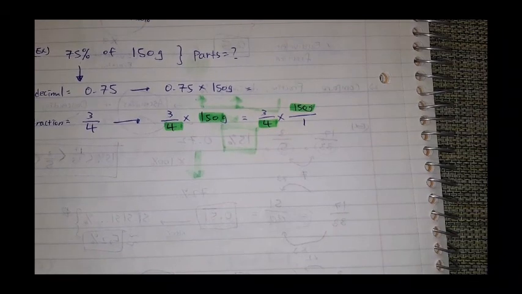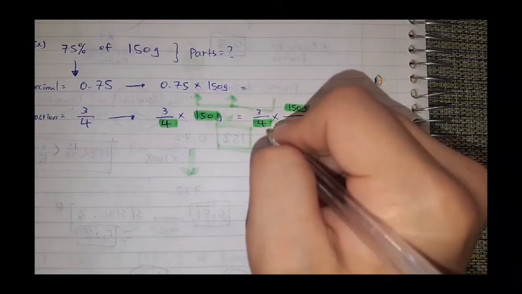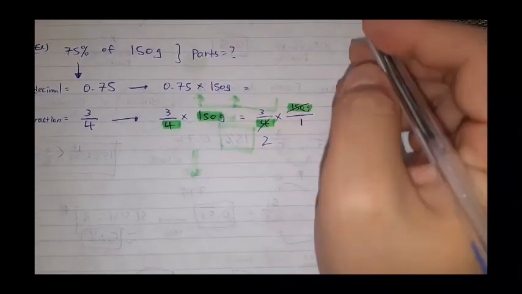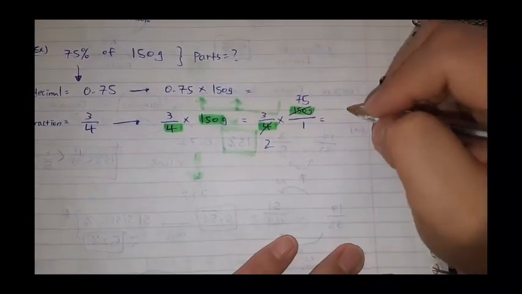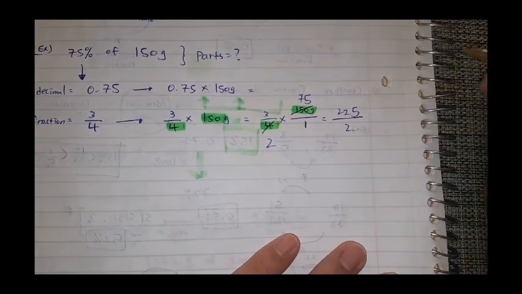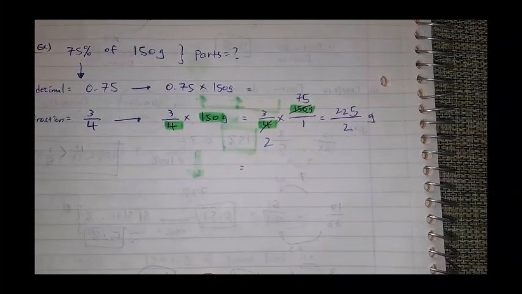You can actually simplify. Like in this case, 4 and 150, those are even numbers, so I can divide both of them by 2. So 4 divided by 2 is 2. 150 divided by 2 is 75.